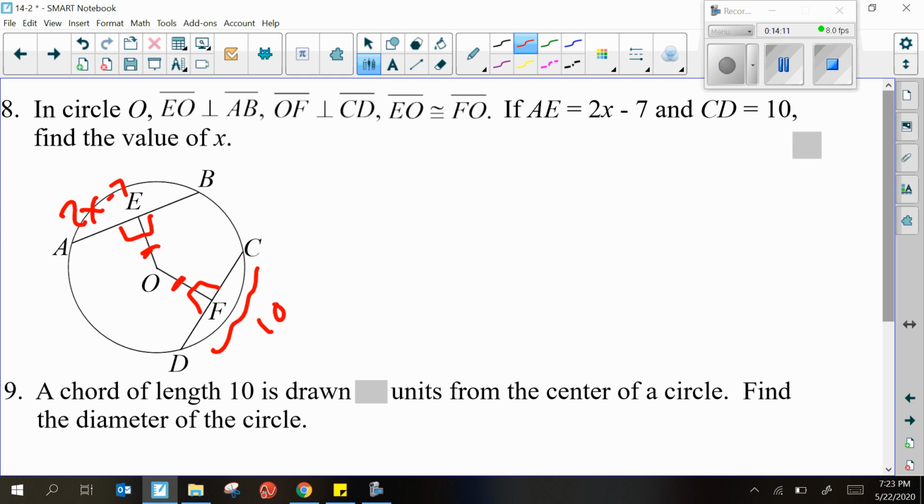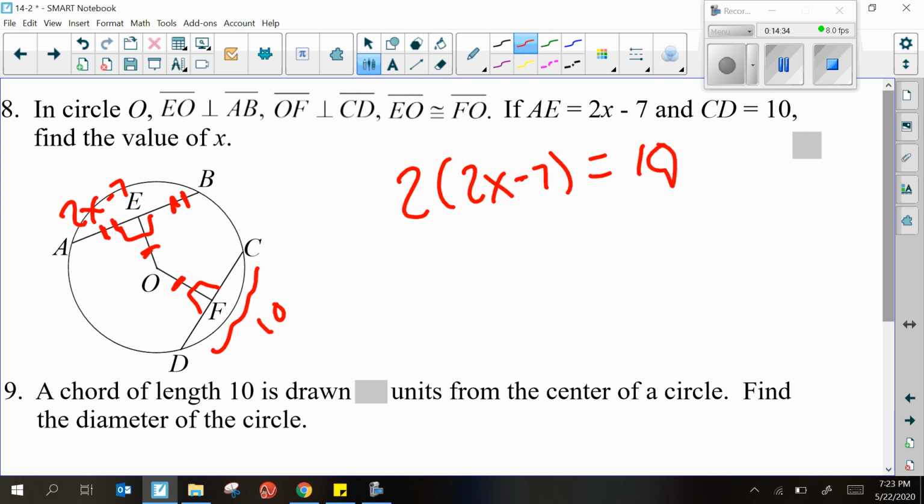Well, what do you remember? In this situation, if the chords are the same distance away from the center, and I know this because they're perpendicular and I have the congruency marks, then they must be the same. I also know that AE is congruent to EB. So if I double 2x minus 7, it should equal 10.